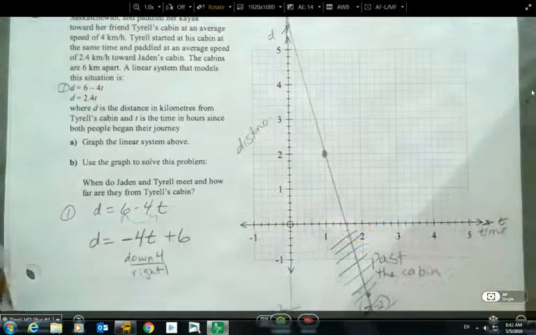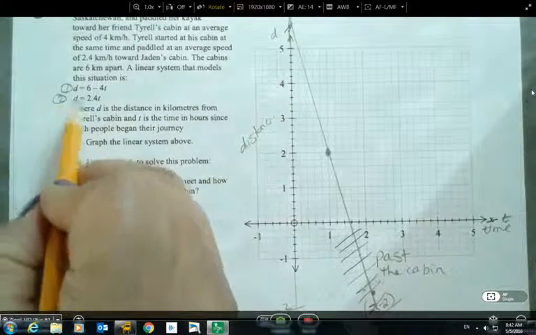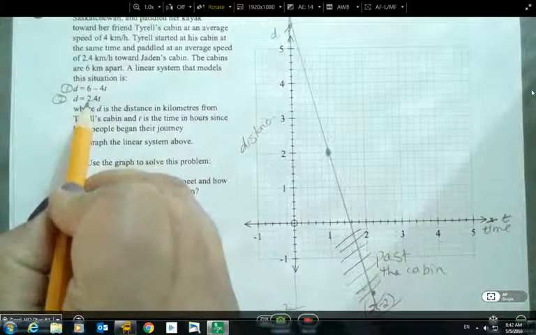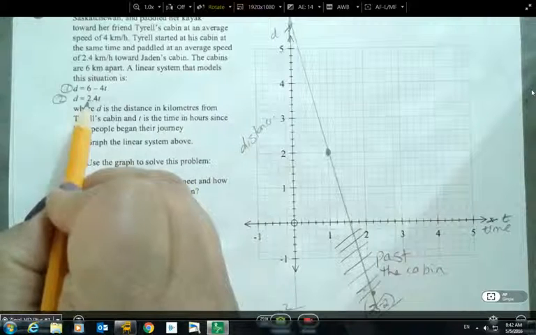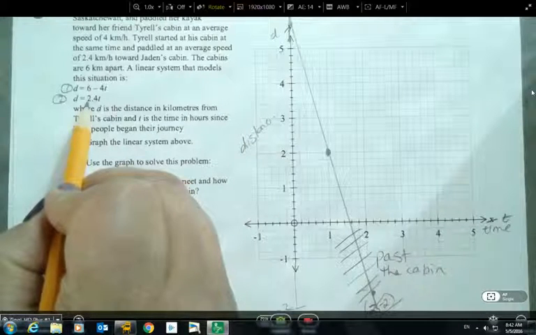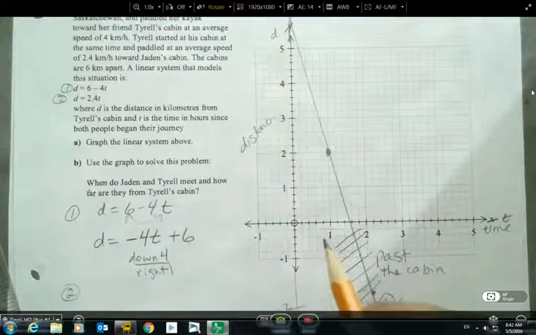So let's graph our other equation now. What's the other equation? T times 2.4d. Okay, so that means the slope is 2.4 up and vertical intercept is 0.